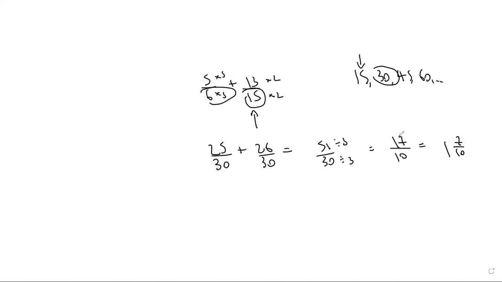For this one, there are various methods for finding the least common denominator. You could have used the prime factorization method, where you take each bottom number and break it down into its factors. So 6 is 3 times 2, and you can't go any further than that. 15 is 3 times 5.